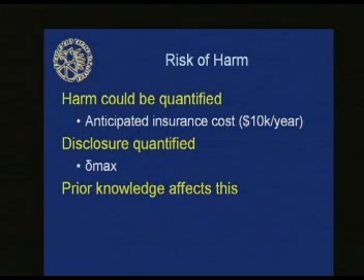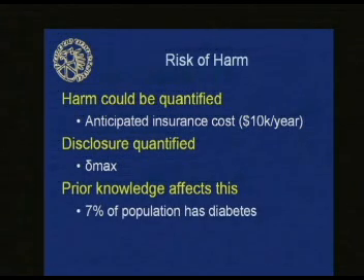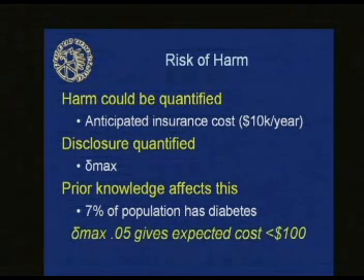Prior knowledge is key in understanding the risk of harm. So given this, we can set delta max to 0.05, a 5% probability that I've been identified, and the expected cost works out to be less than $100.